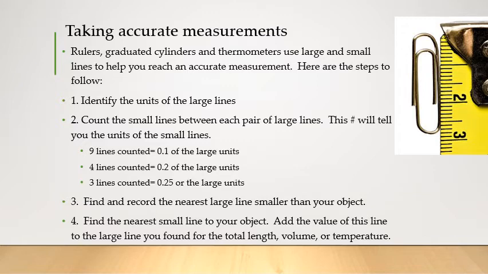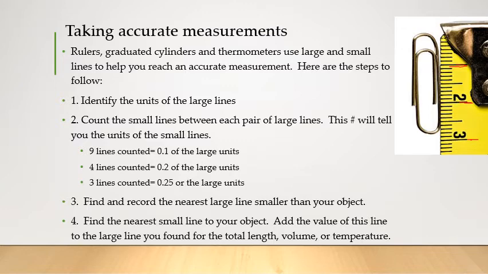Here are the steps that you should follow in order to get that accurate measurement. So first you're going to identify the units of the large lines. So we're looking at the 3, the 2, and the 1 that's underneath here. So in this instance, we're measuring in inches.